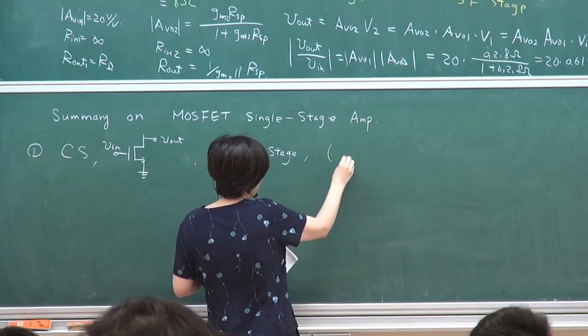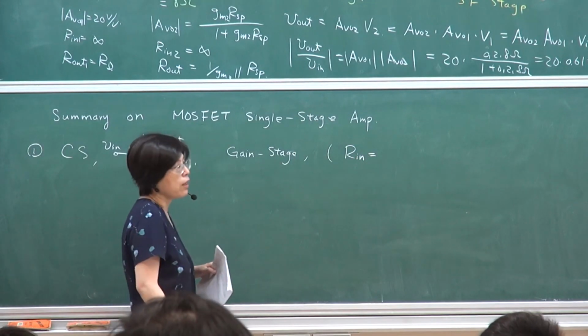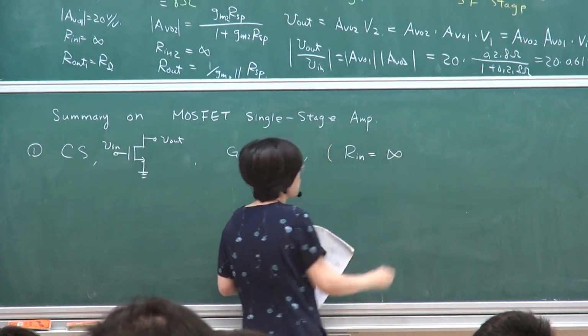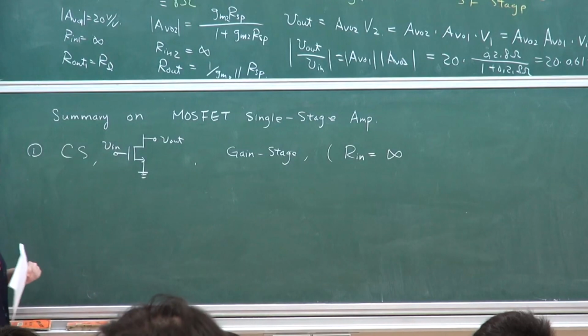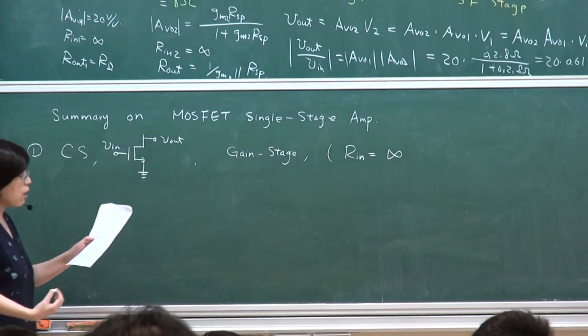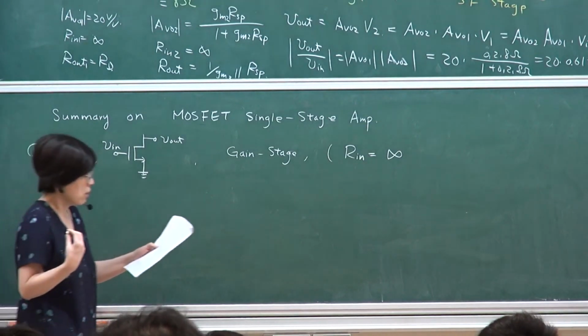Its unique, very good feature, especially for MOS stages, is that you have infinite input resistance. So anytime you're dealing with voltage amplification, that's the most ideal thing you want. You want to take in all the voltages without having any loss internally at the series resistance.